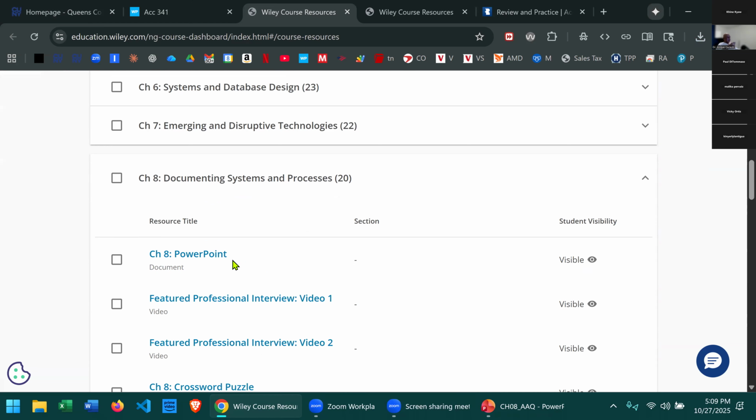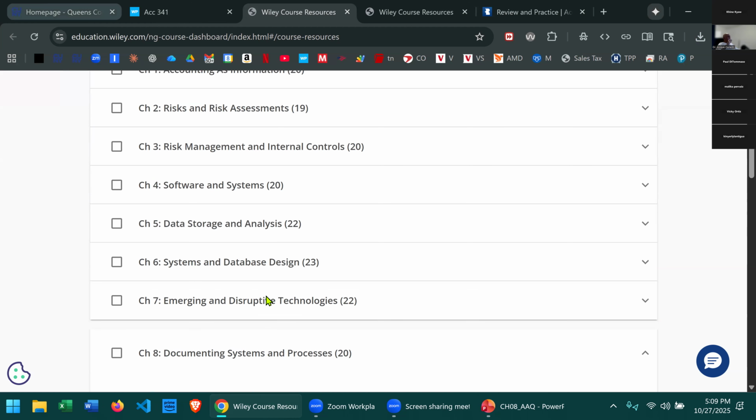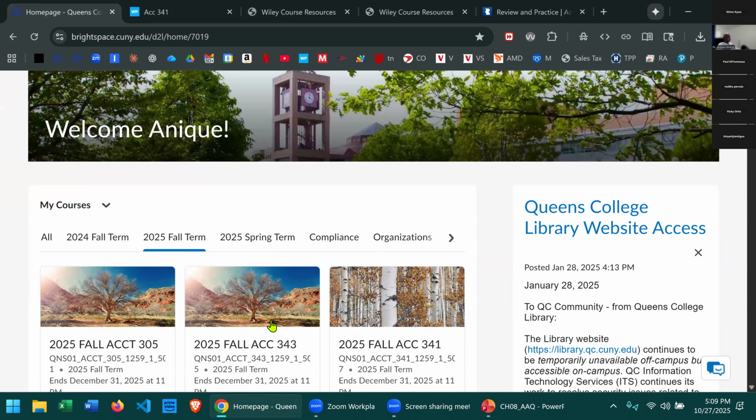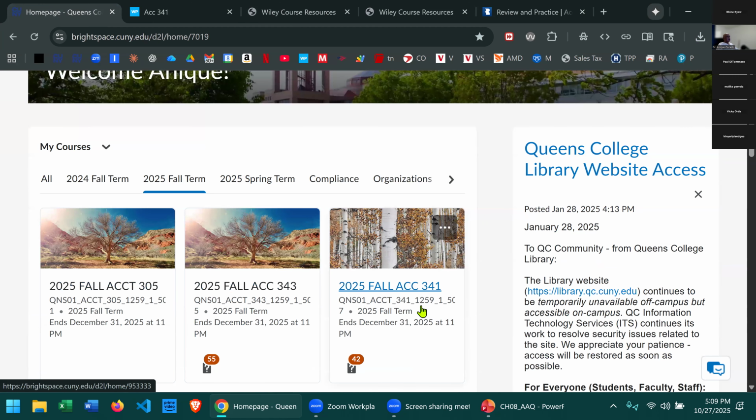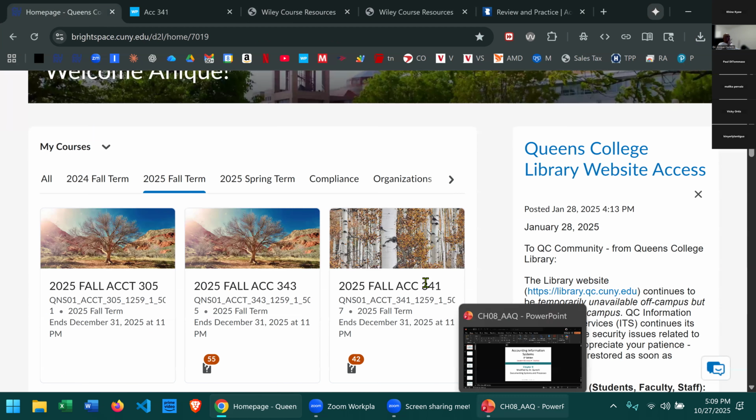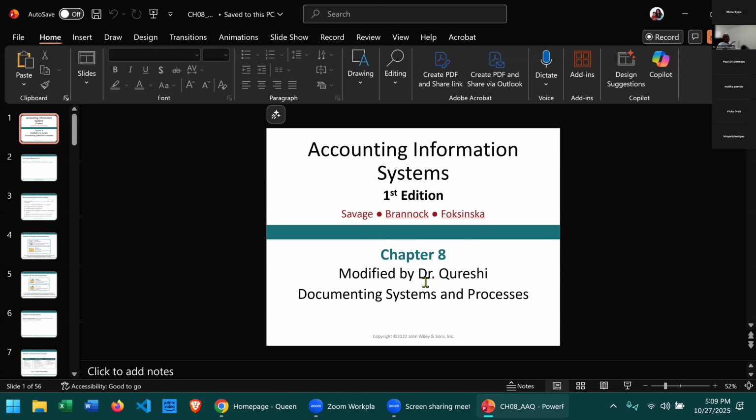Anything else that I'm adding to it, I typically will upload onto the home page, Accounting 341, on the content section. But for right now, what we're going to be covering is a continuation of what we did in the previous class. In the last class, we went through how you would actually create a flowchart using draw.io.